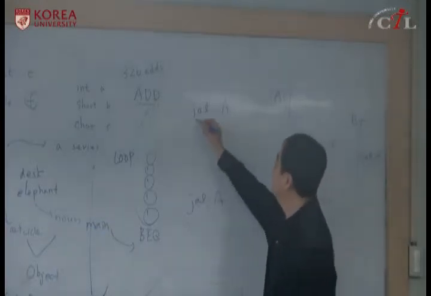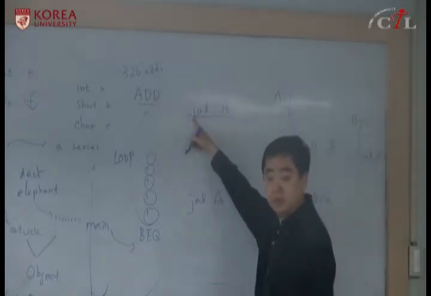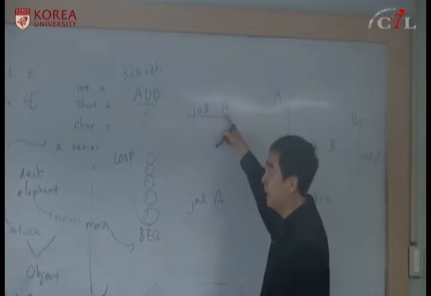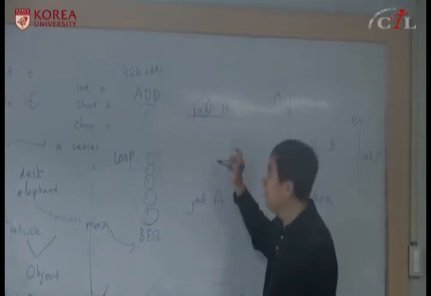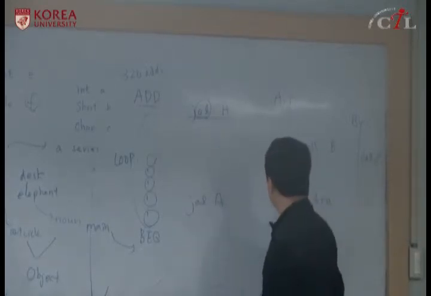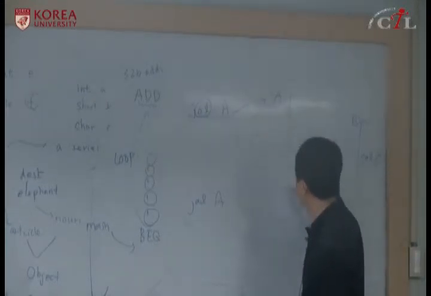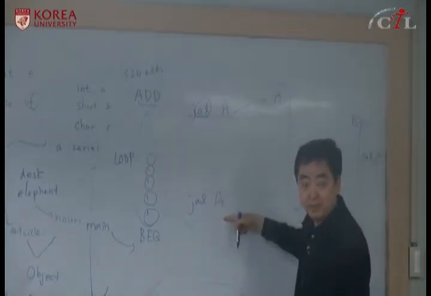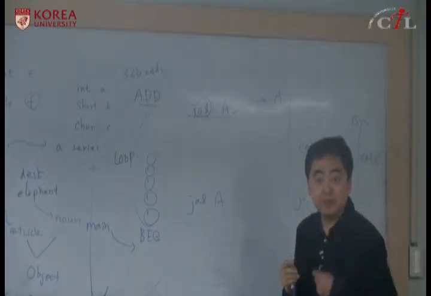The function of this jump and link A is that you jump to memory location A directly, but you do a linkage because you have to store your return address somewhere. Because when you go back, if you call from here, then you should go back here, not here, right?